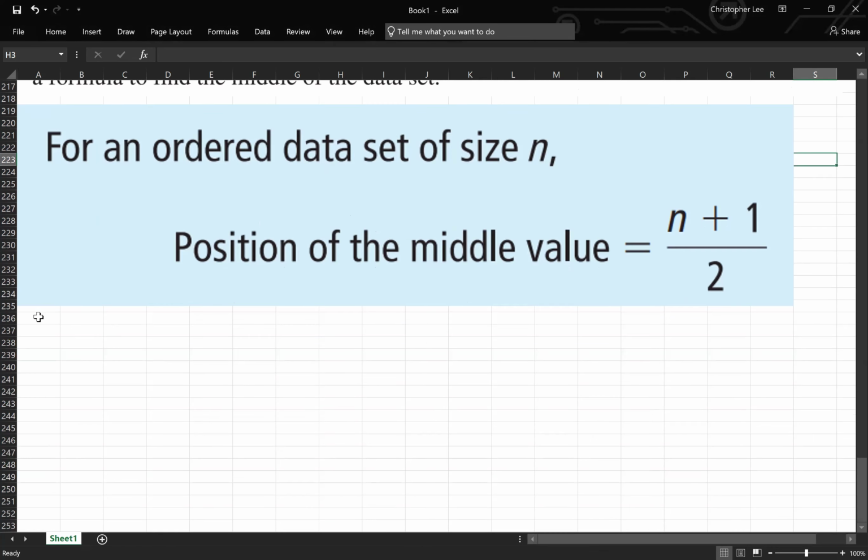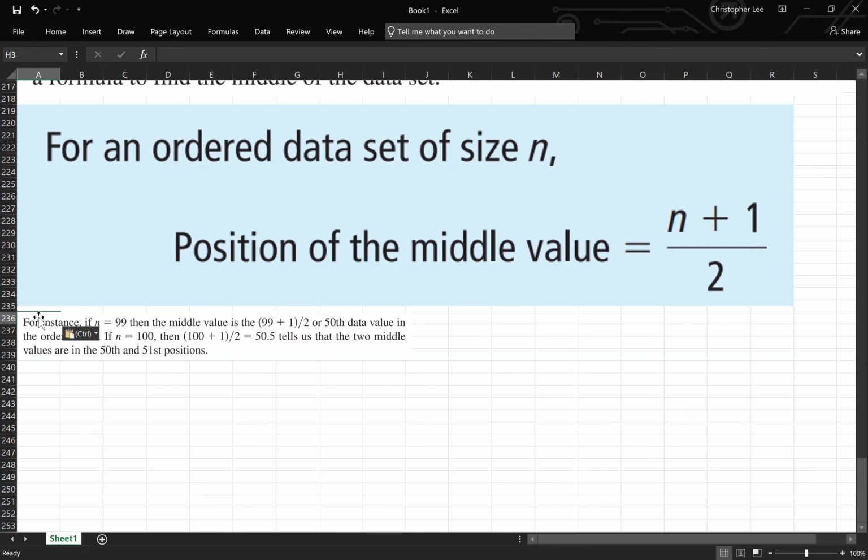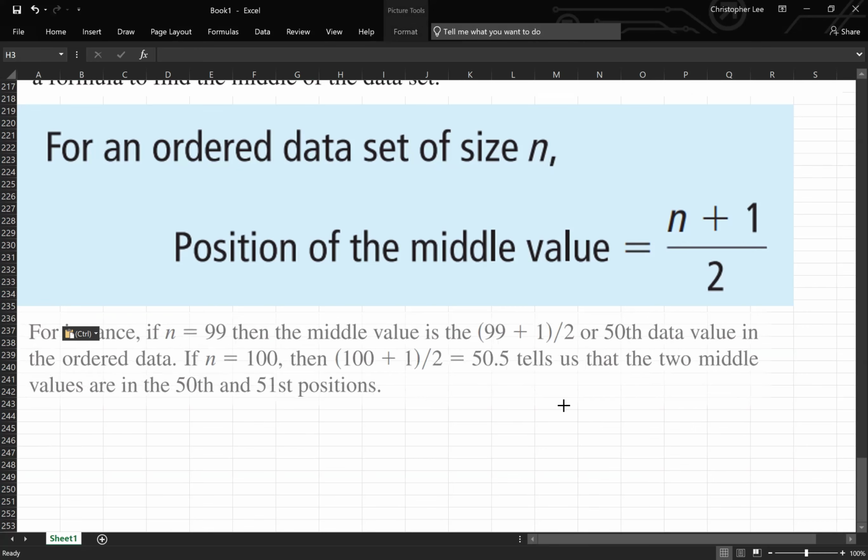Let's elaborate a little bit more. For example, if n was equal to 99, so I have 99 numbers, then the middle value is 99 plus 1 divided by 2, which is 50. The 50th data value in the ordered data set is going to be the median.